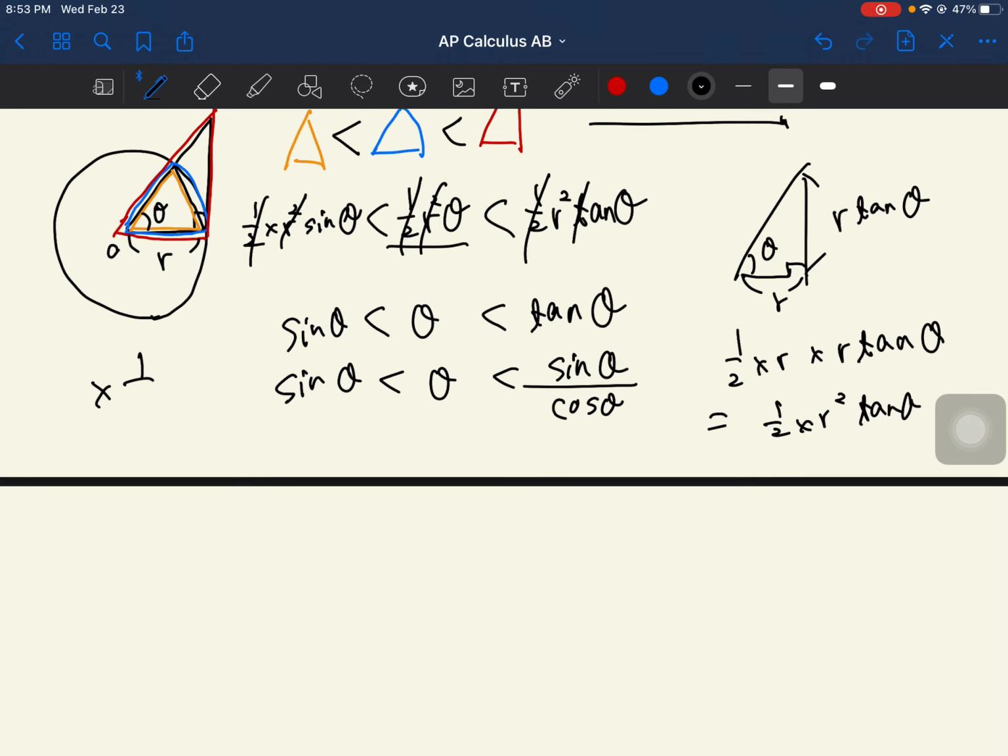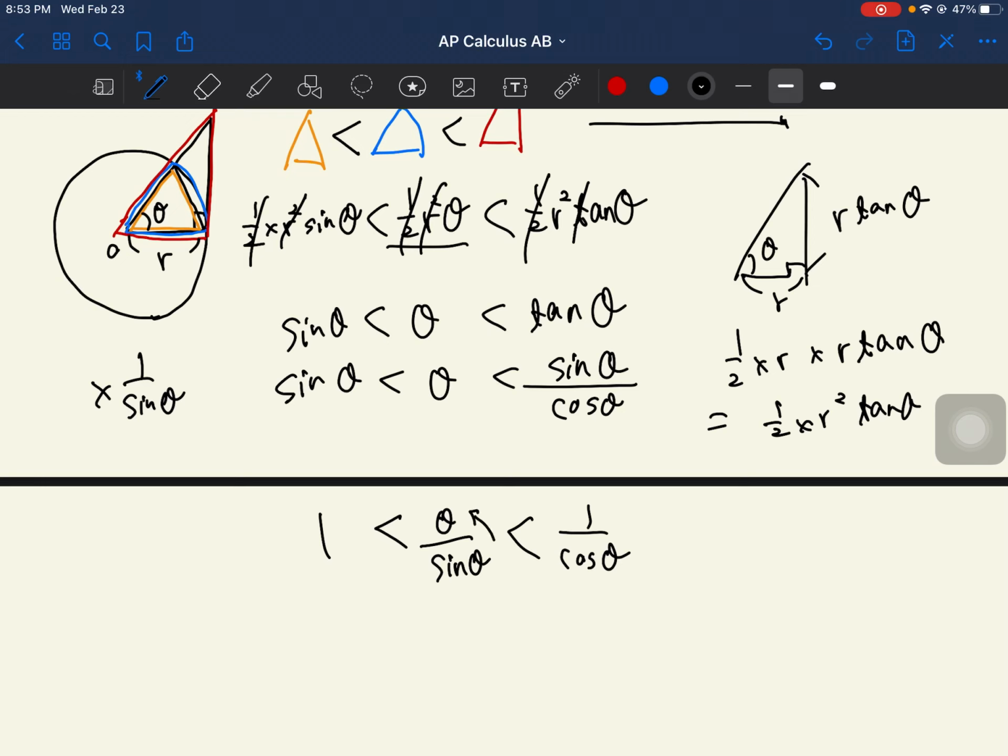So we can multiply everything by 1 over sine theta. It's going to be 1, theta over sine theta, and 1 over cosine theta. Is it okay so far?